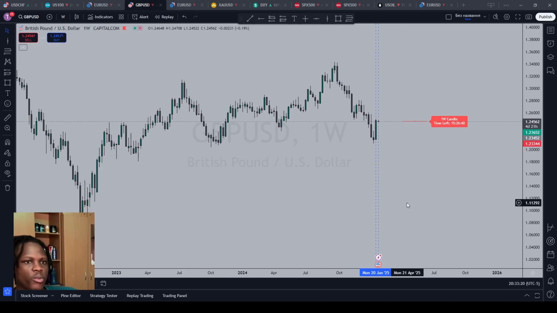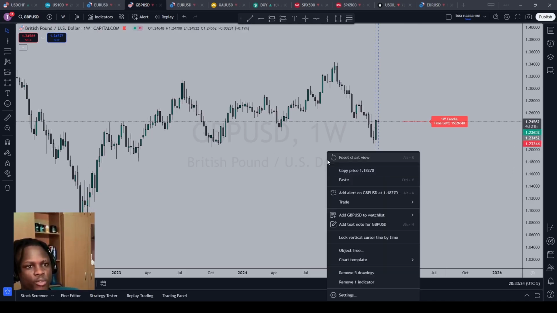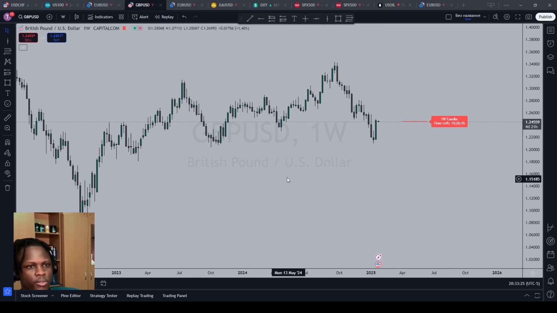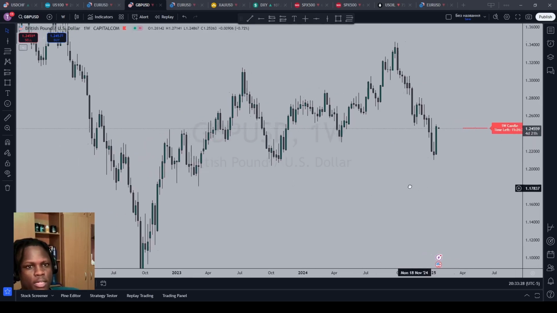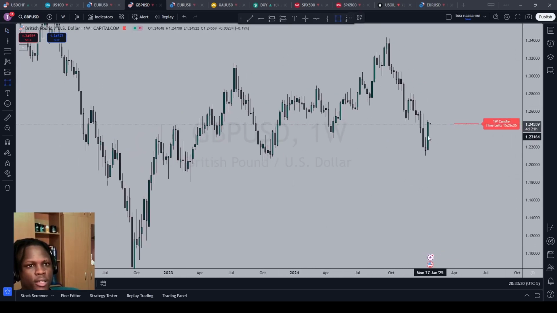So for the GBP USD, this is the price movement for the previous week. Let me remove the drawings. This is what price did. It actually overshot. I'm not sure if that's the vocabulary for it, but it disrespected this fair value gap. It was just supposed to tap, then take these lows and take these lows.